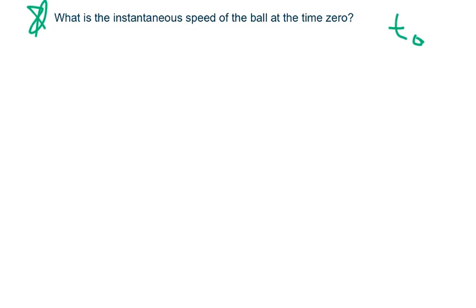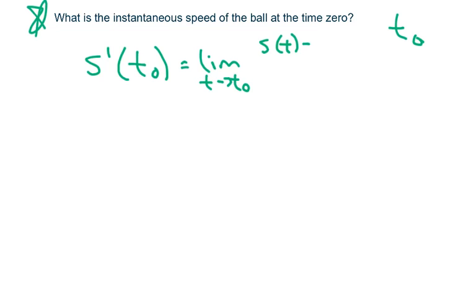At time 0, we're going to take the derivative of s at t 0, which equals the limit as t approaches t 0 of s of t minus s of t 0 over t minus t 0.